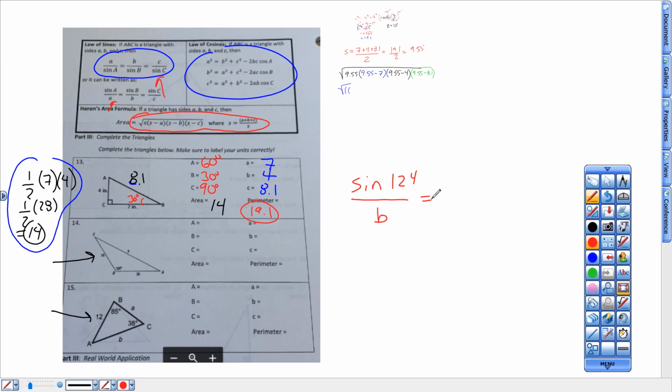Let's see how did I do this one. So I did sine 24 over b is equal to sine c over 2. God, what did I do?